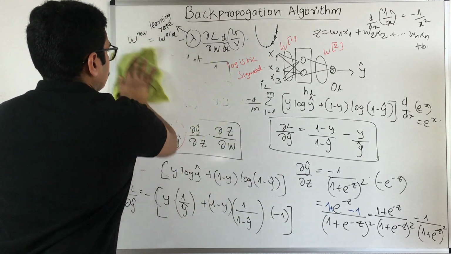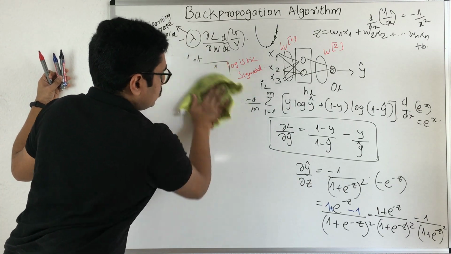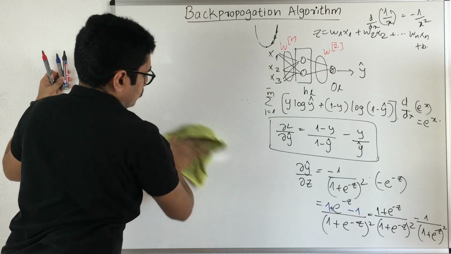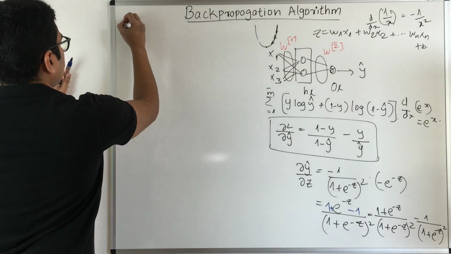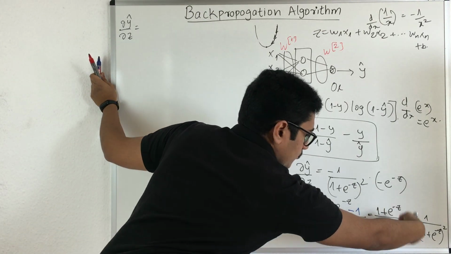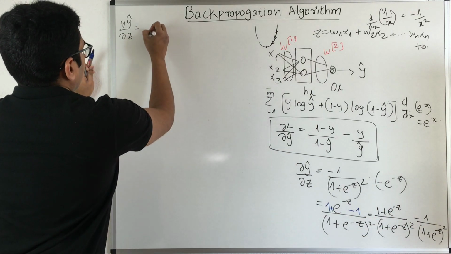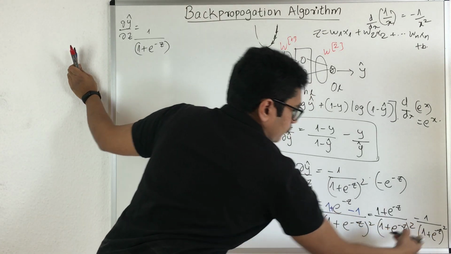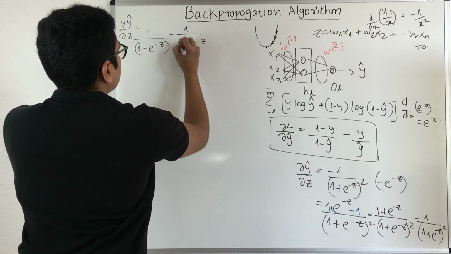Now we'll just rearrange that and substitute. So for our ∂ŷ by ∂z, this numerator and denominator are same, so if you cancel out one term, you are left with 1 upon 1 plus e raised to minus z. One power gets lost here, and that is nothing but your 1 upon 1 plus e raised to minus z square.